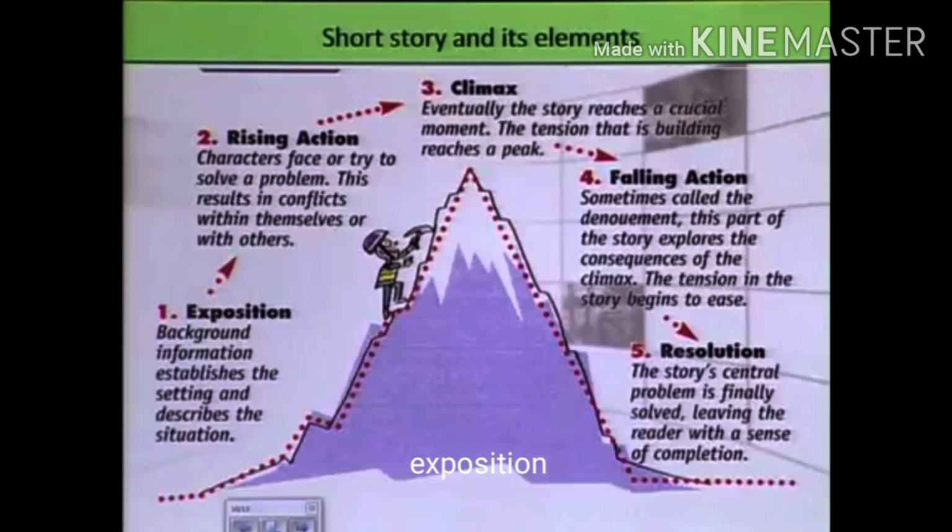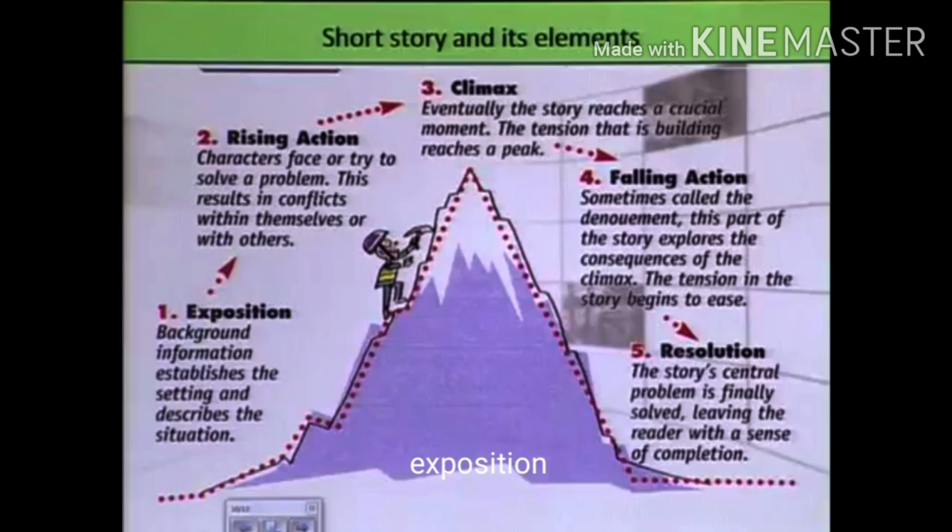This results in conflicts within themselves or with others. In this way, the story moves toward the top of the graph. Eventually, the story reaches a crucial moment, the climax, where the tension that is building reaches a peak. Falling action, sometimes called the denouement, explores the consequences of the climax.